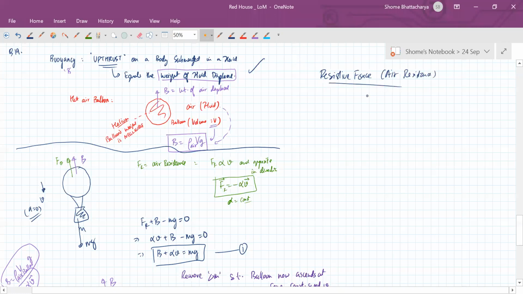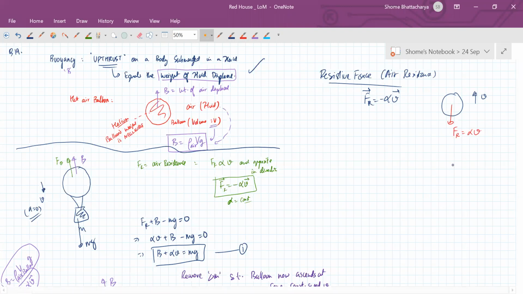So if the balloon is going up at V, the resistive force is downwards, alpha V in magnitude.